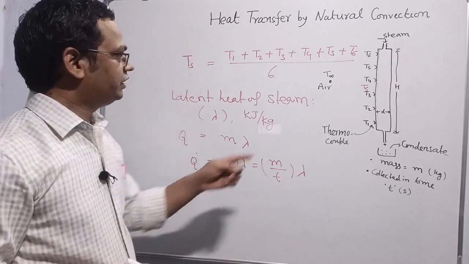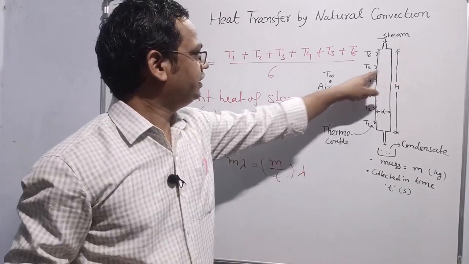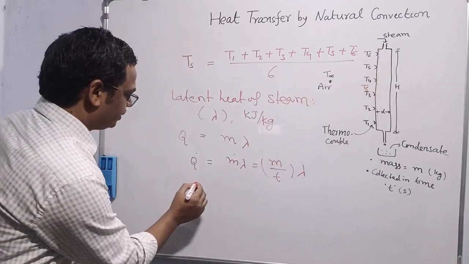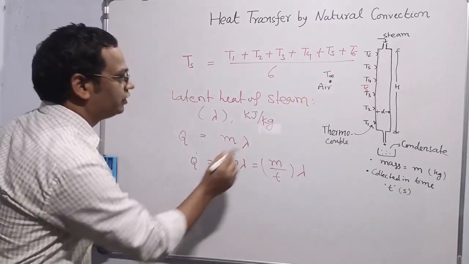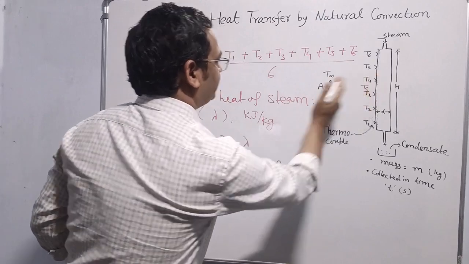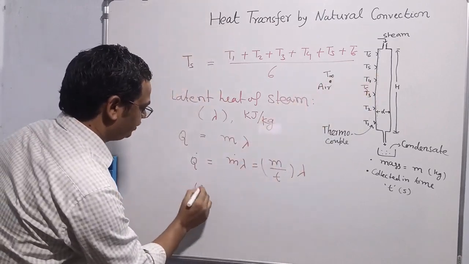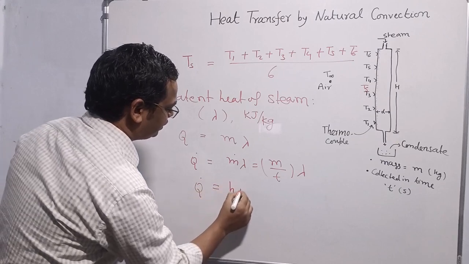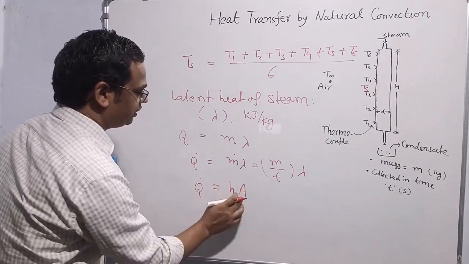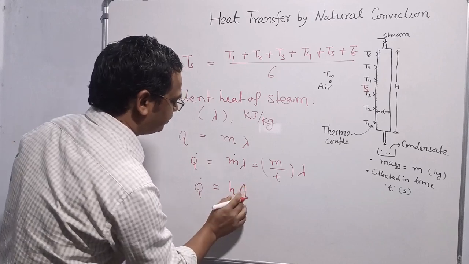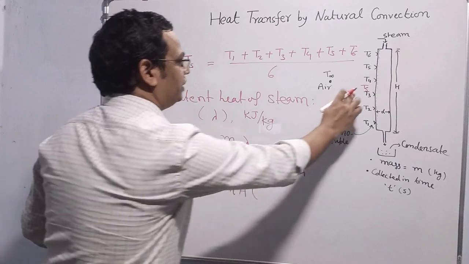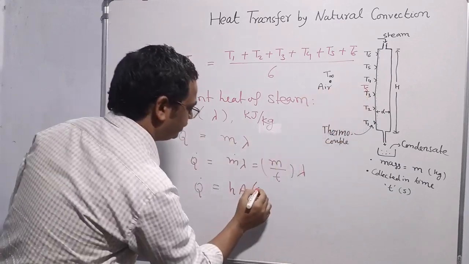Next, we know that the heat transfer rate in this direction will be constant. So, heat transfer rate from the outer surface to the surrounding, we can find: Q dot is equal to hA delta T, heat transfer coefficient, heat transfer surface area, and delta T. Delta T means Ts minus T infinity.